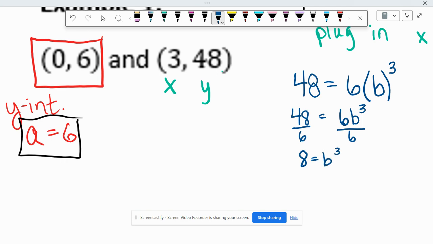This means that 8 is some number to the third power. Well, if that number doesn't jump off the page for you, how can we figure that out? We're going to have to take the cube root of it, because the cube root of b cubed gives me b. And the cube root of 8 is 2.